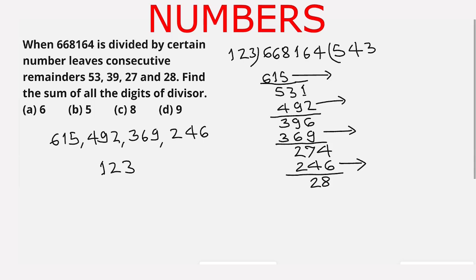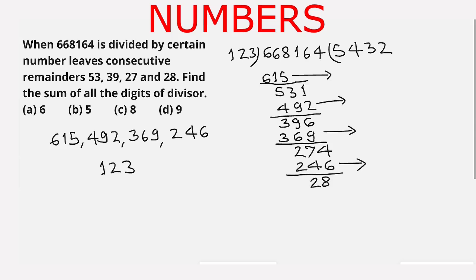We carry 4 from the given number, and we have to divide 274 by 123. It divides it for 2 times, and 2 times 123 is 246, and when 246 is subtracted from 274, the remainder is 28. This way we can find the divisor.